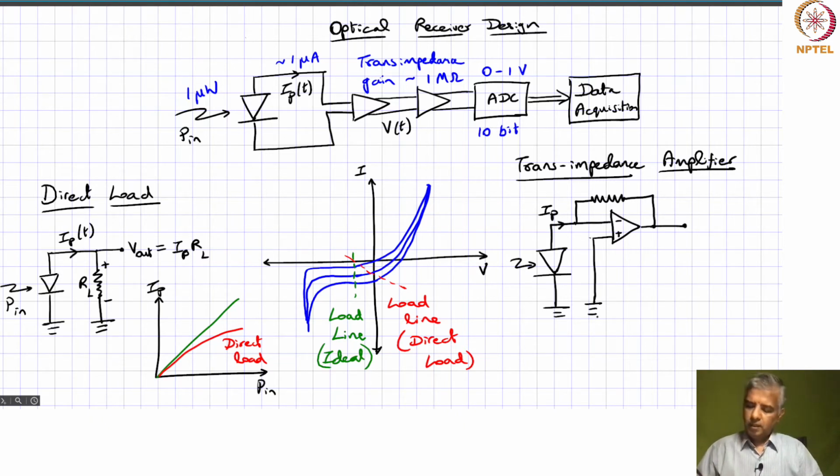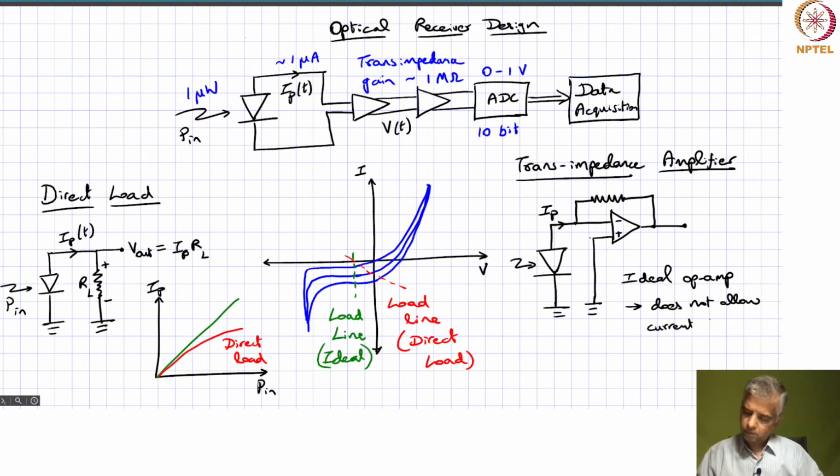For an ideal op amp, one property is that it does not allow any current to flow into its input terminals.